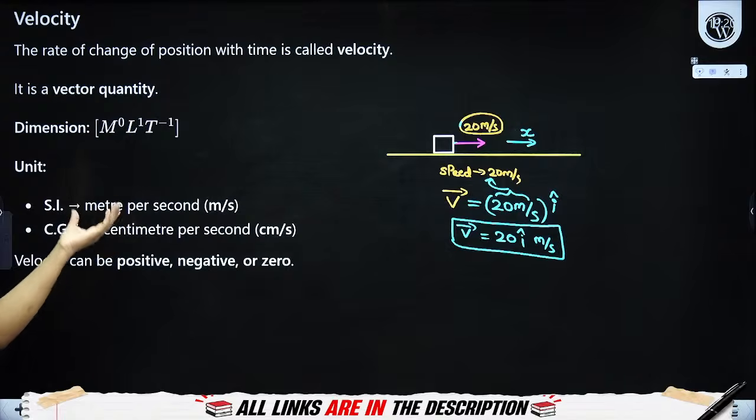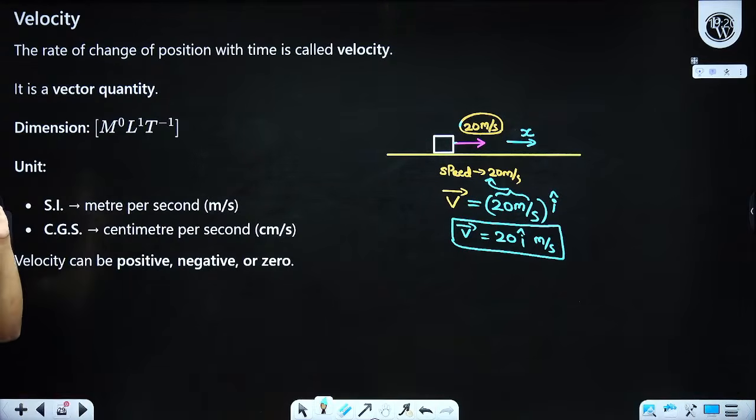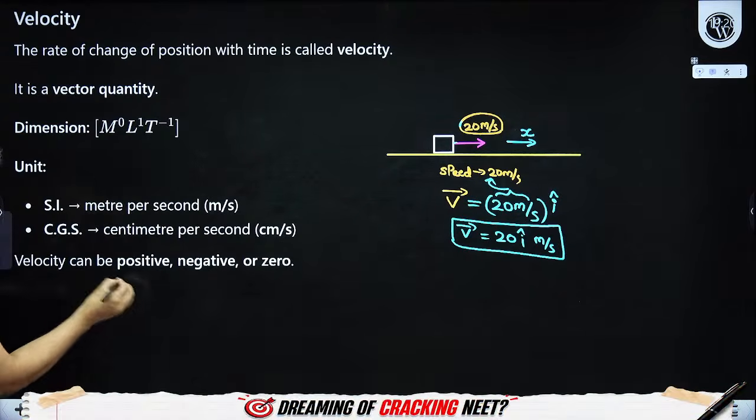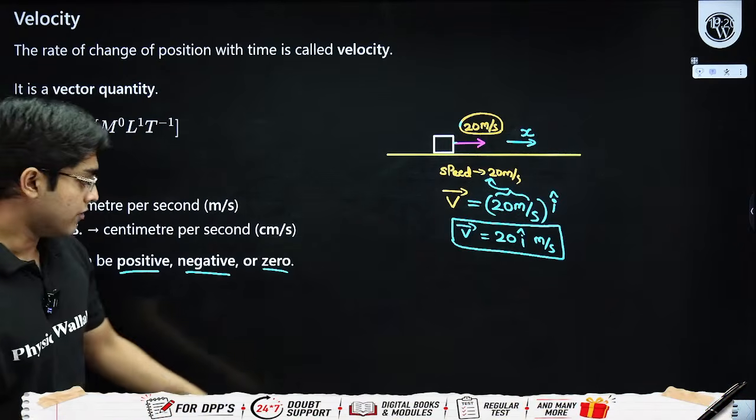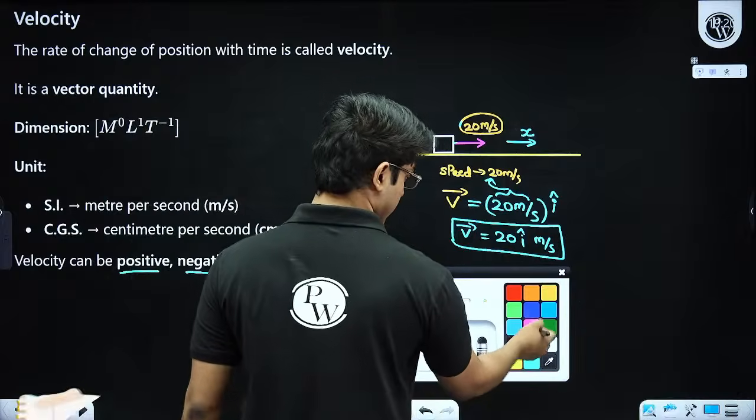The unit is going to be the same as speed. Now velocity can be positive, negative or 0.